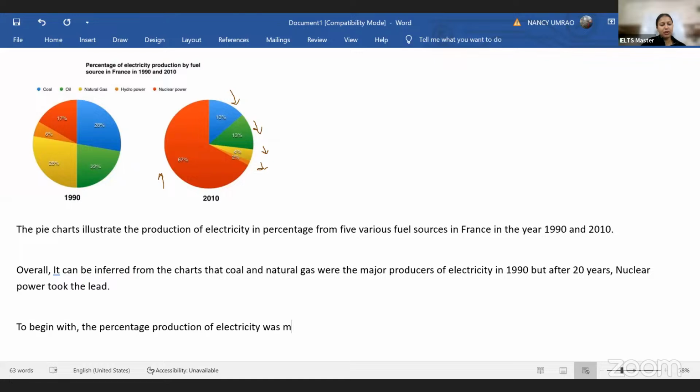The percentage production of electricity was reduced by coal, oil, natural gas and hydropower. Okay, full stop.